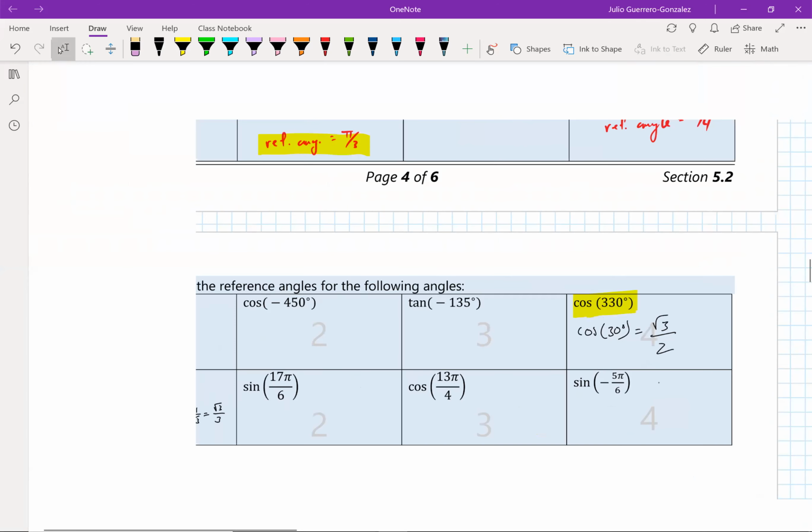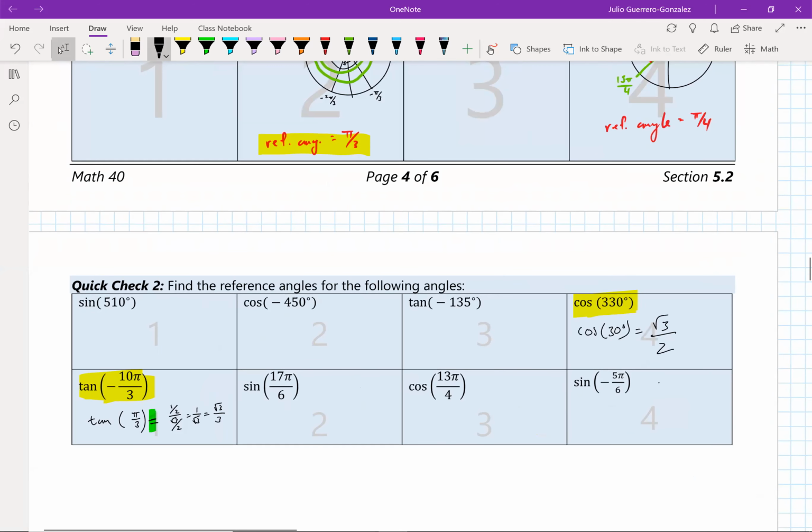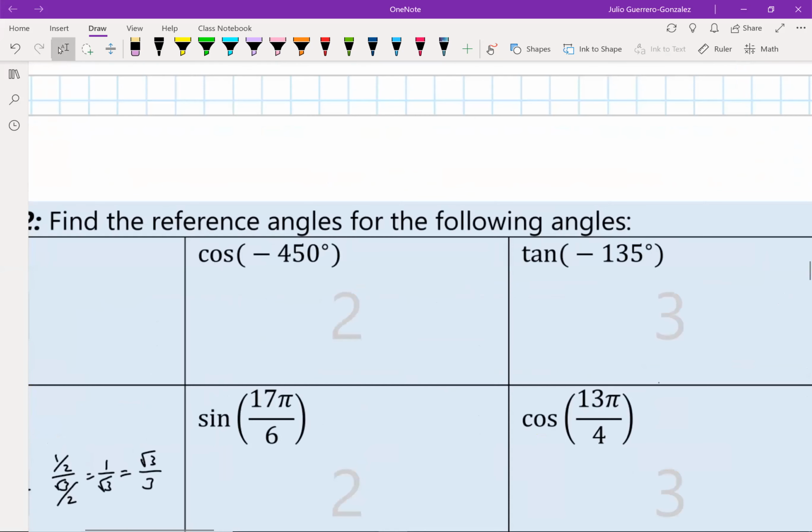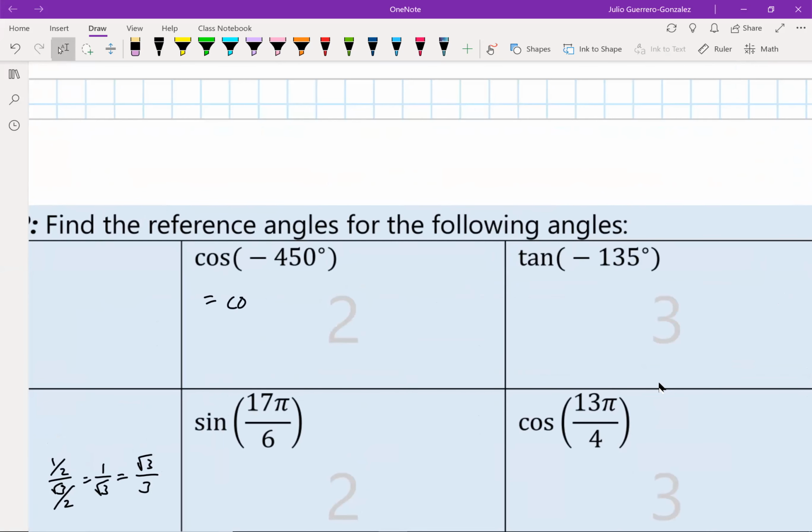So the cosine of 450 degrees is equivalent to the cosine of 90 degrees, and in that case, that is 0. Same thing, we're going to go up and look at our values for our triangles from page 3, and that's where we're going to find them.